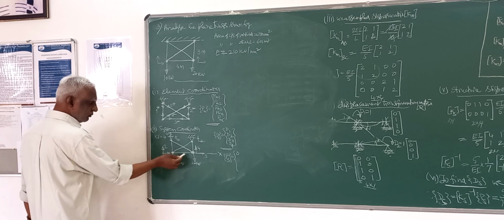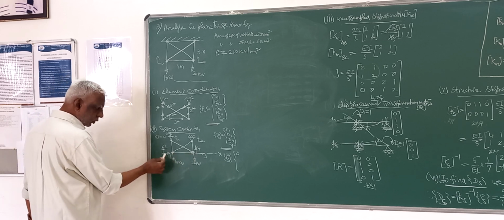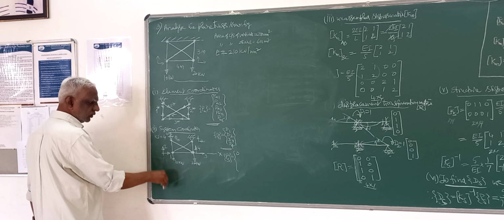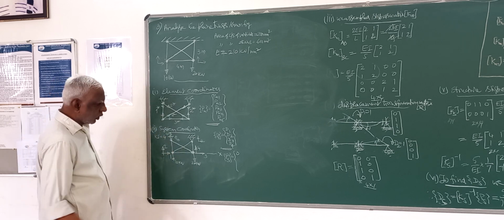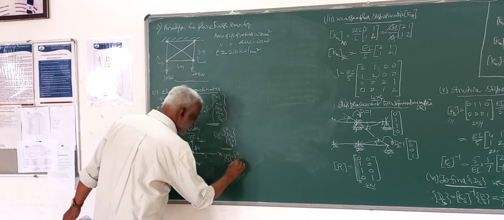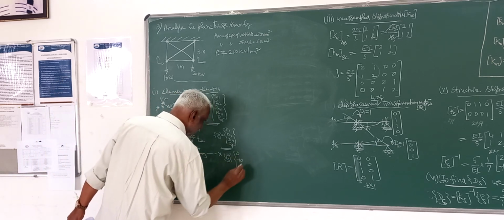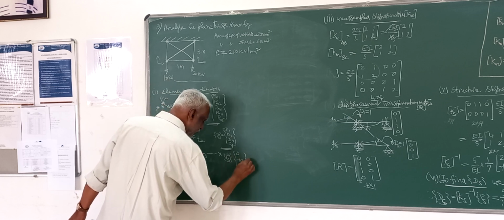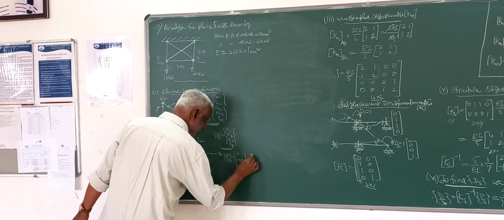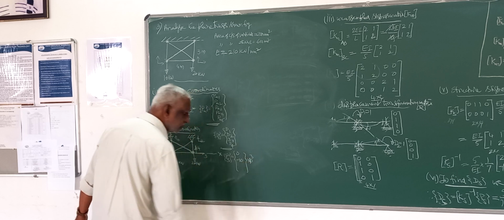Here along direction 1, no load, along 2 there is a 10 kilonewton load. Of course it is opposite to the positive direction of global direction I have taken, so it is minus 10 kilonewtons. This I will convert into newtons, that is 10 into 10 cube newtons.